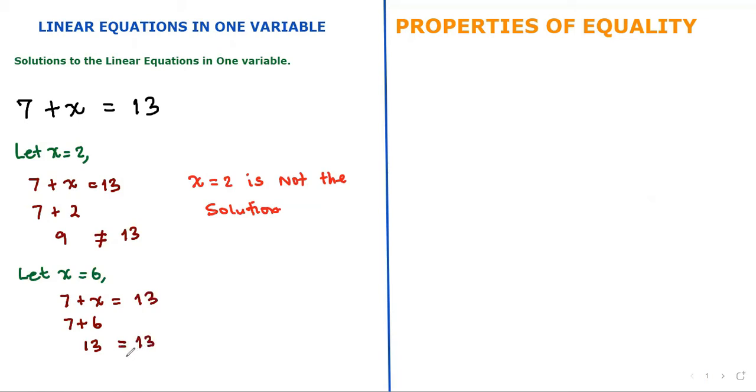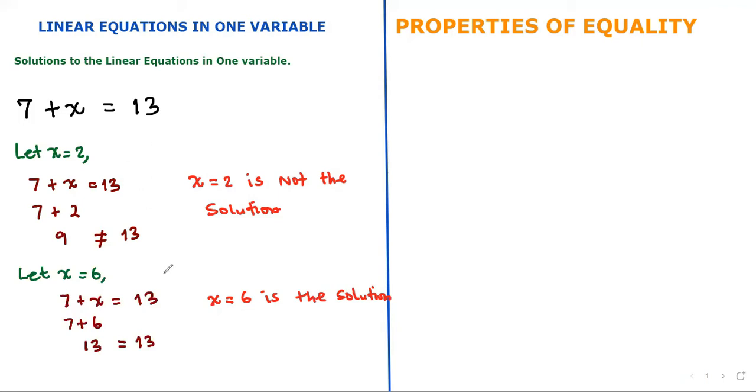So the left-hand side is equal to the right-hand side. So since both sides are equal, it implies that x equals 6 is the solution to our equation 7 plus x equals 13.